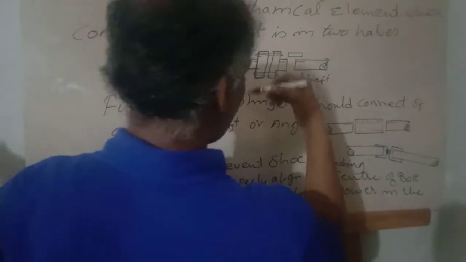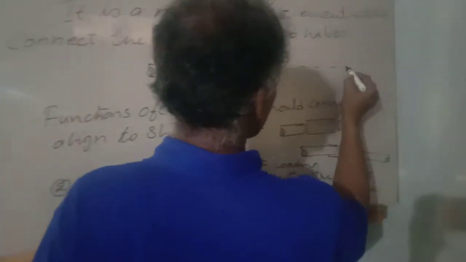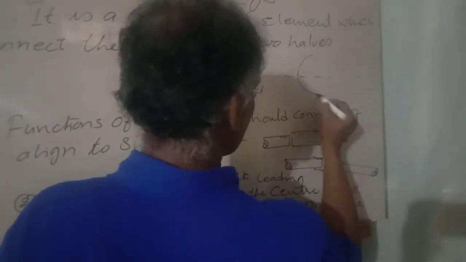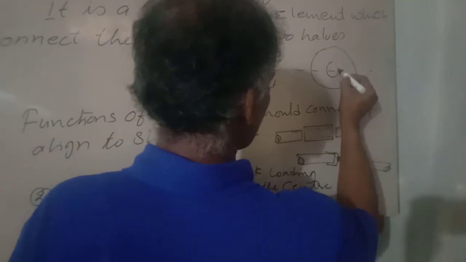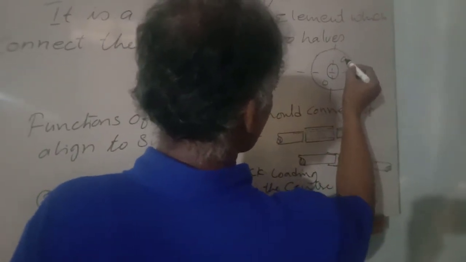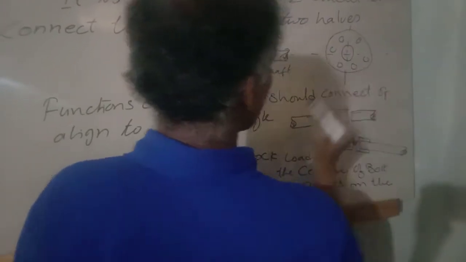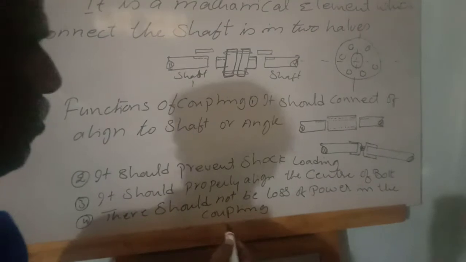This flange, which has a round shape, has a number of holes, 6 holes.